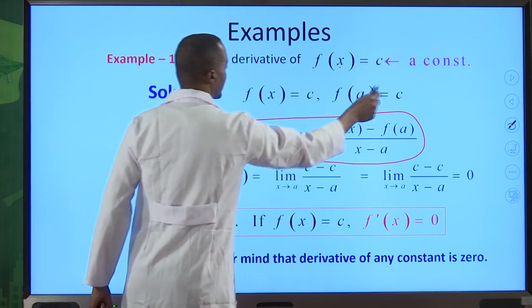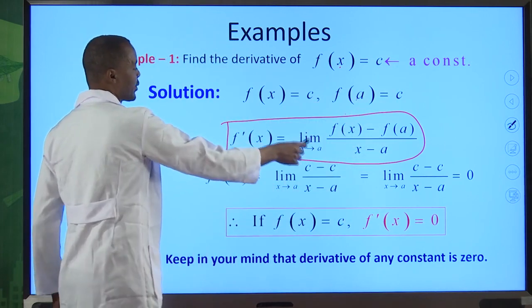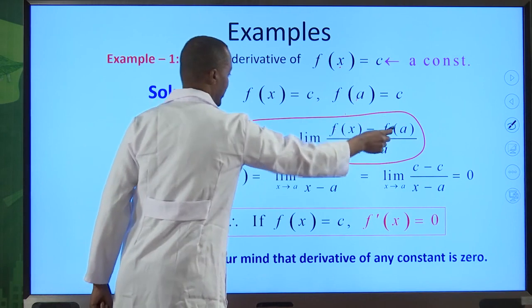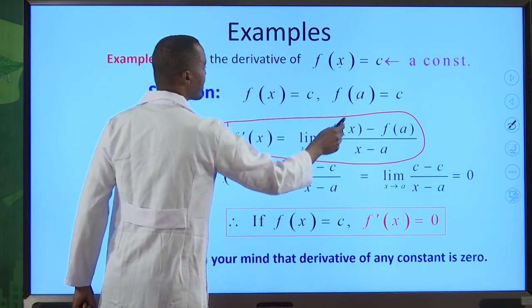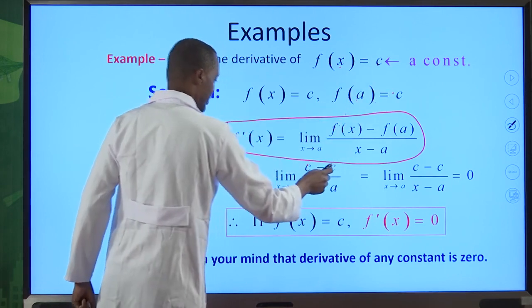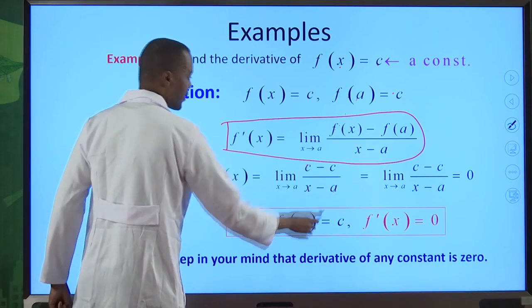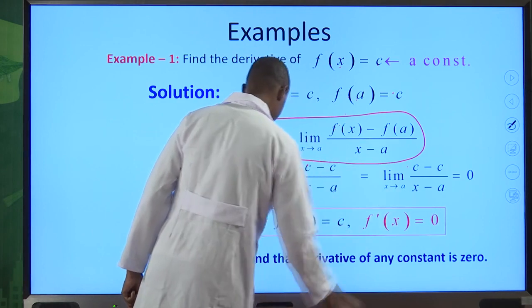So f of a is also c, because that is a constant function. So f derivative of x is the limit of f of x minus f of a over x minus a, that is c minus c over x minus a, which is 0.